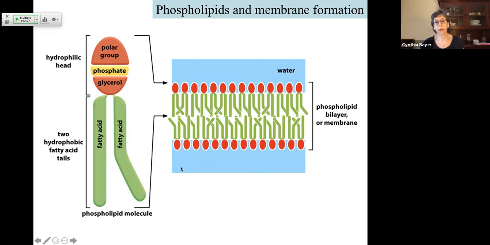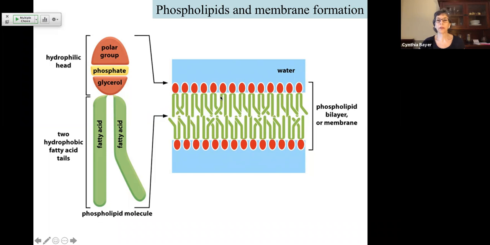Now, one reason for the presence of these different types of fatty acids in a phospholipid is to make sure that this lipid bilayer is not too rigid and it's not too fluid, right?